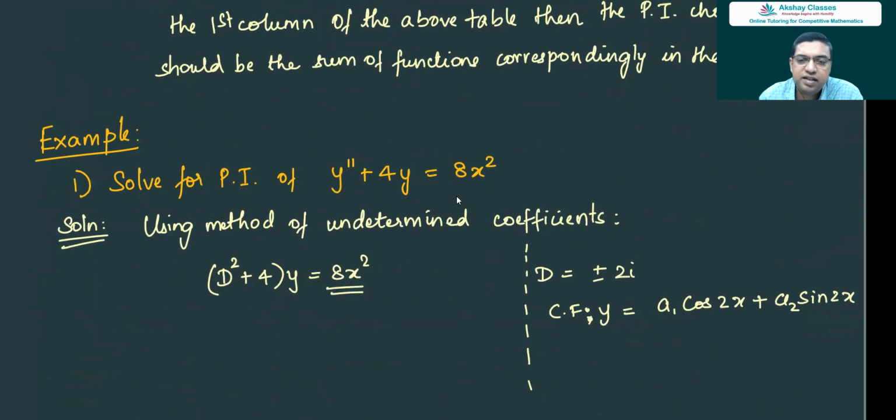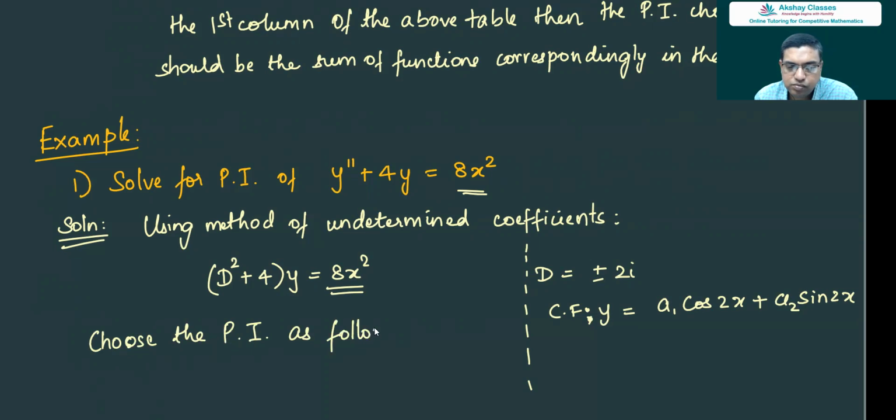So here the right hand side is x square. So choose the particular integral as follows: a2 x square plus a1 x plus a naught.